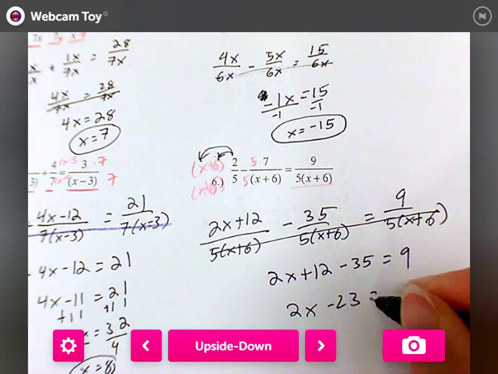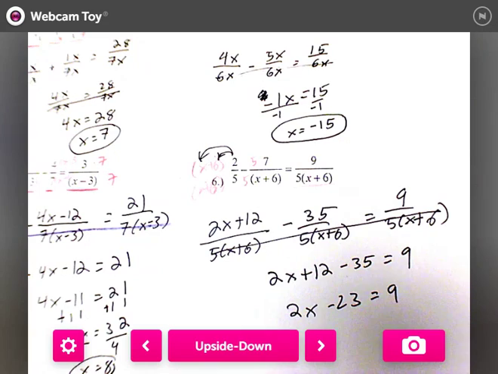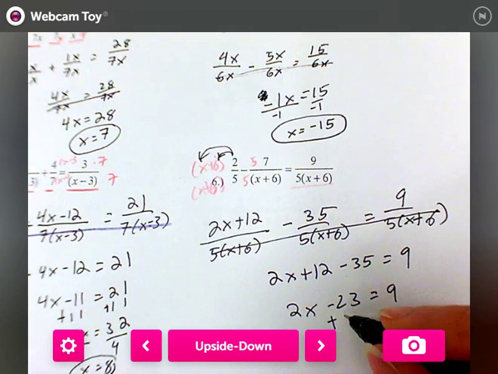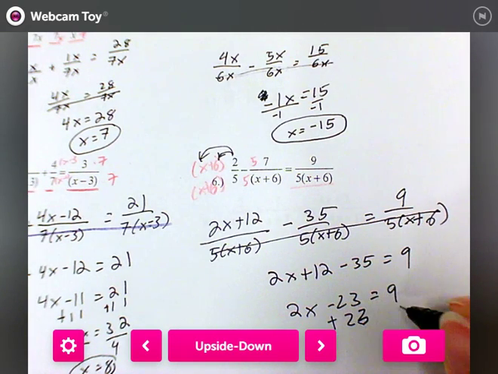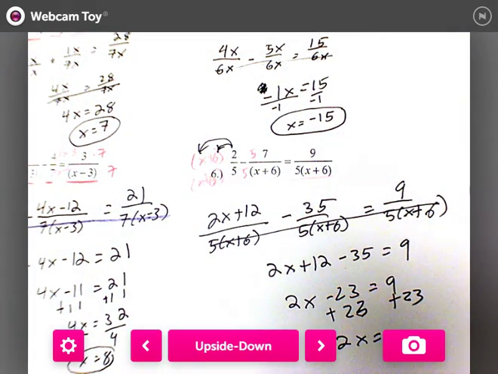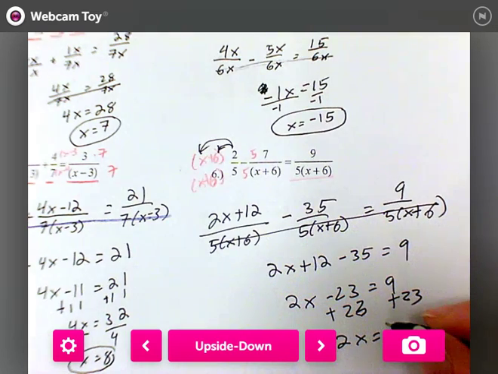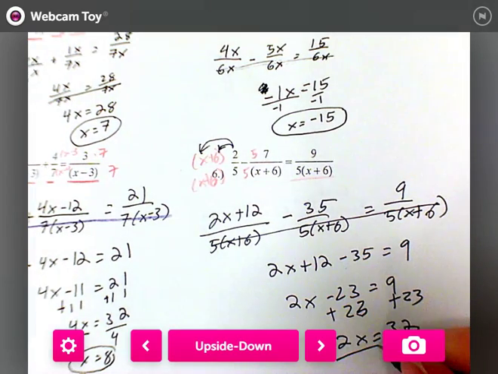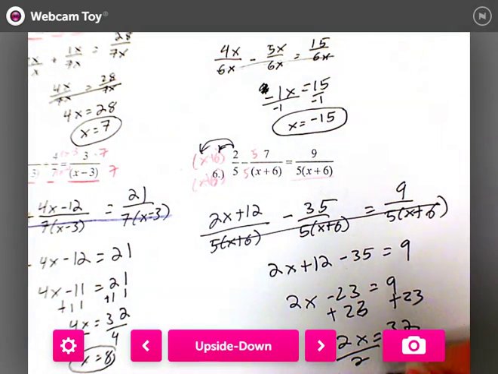Yep. Equals 9. Add 23. And so I get 2x equals 23 plus 9. I get 32. And then we divide that by 2 and we get x equals 16.